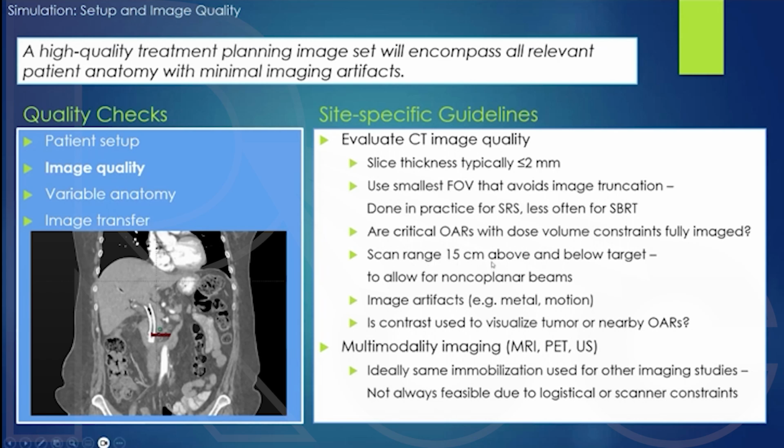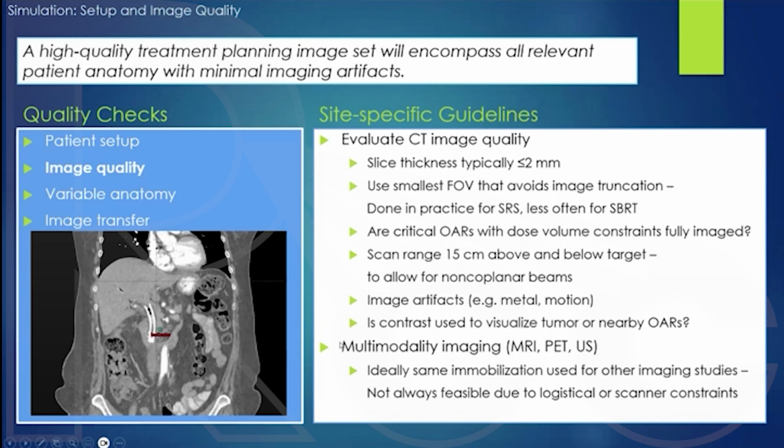Scan range needs to be about 15 centimeters above and below the target volume to allow for non-coplanar beams. It's important to evaluate for image artifacts like metal and motion, and then to evaluate for contrast that can be used to visualize the tumor or important organs at risk.